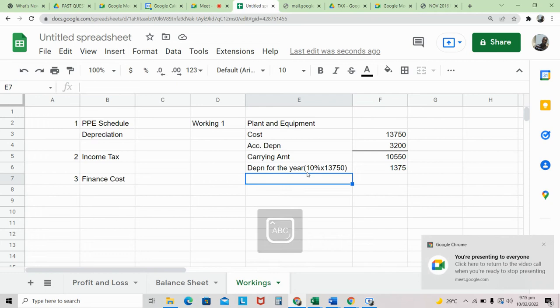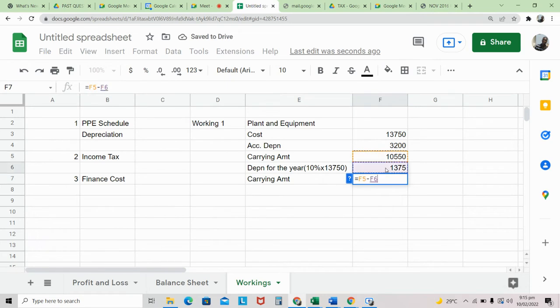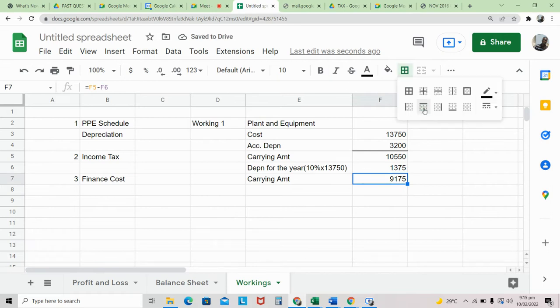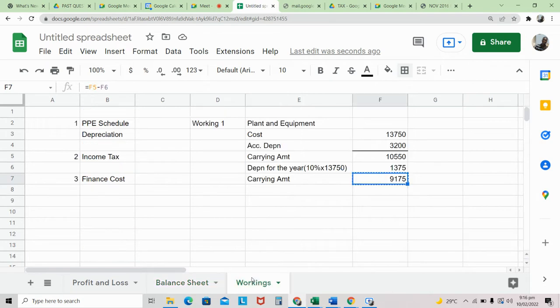That's fine. So now our carrying amount at the end of the year will be this minus this, so 9,175. This is the carrying amount of our plant and equipment. Now that we found this figure, you can come and put it here. So that's how you approach: when you find the figure, then you go and post it.